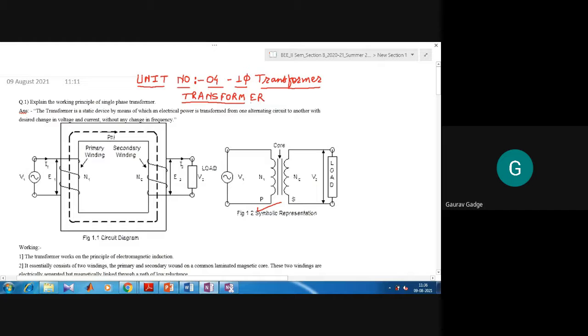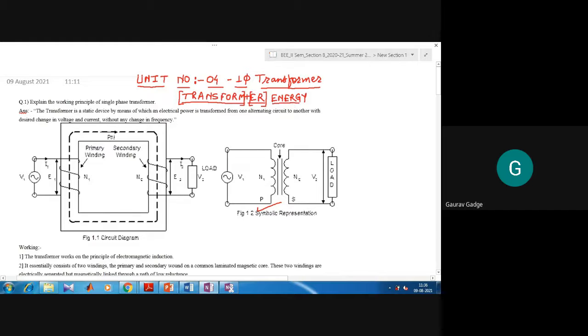If you club these two words together, that is transform and ER, that is energy, it gives you the word transformer. And what is transform? That ER is indicating energy. ER is nothing but the energy.